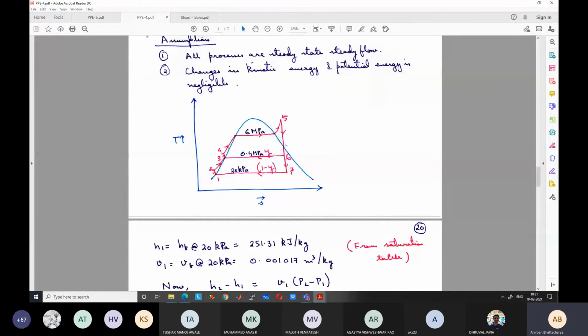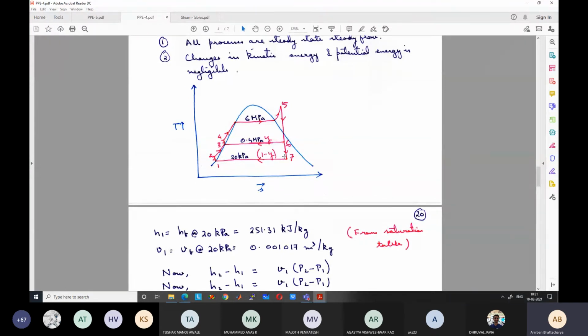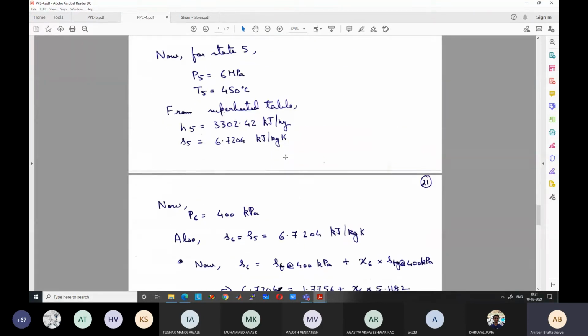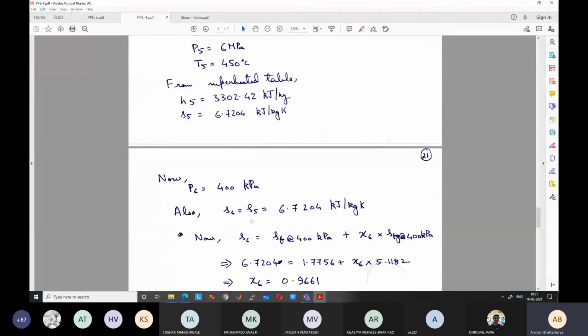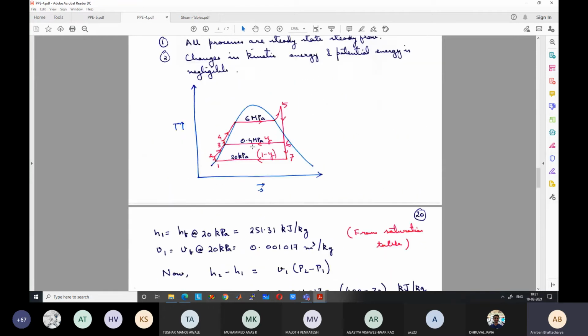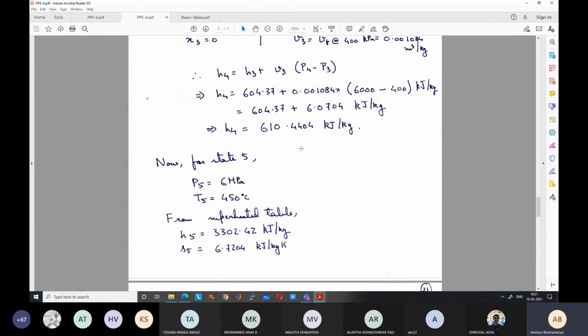So S6 is equal to S5, which is equal to 6.7204 kilojoule per kg Kelvin. And another condition is given for state 6, which is the pressure. It is 0.4 MPa. So we have two conditions known: the pressure 400 kPa and the entropy 6.7204 kilojoule per kg Kelvin.